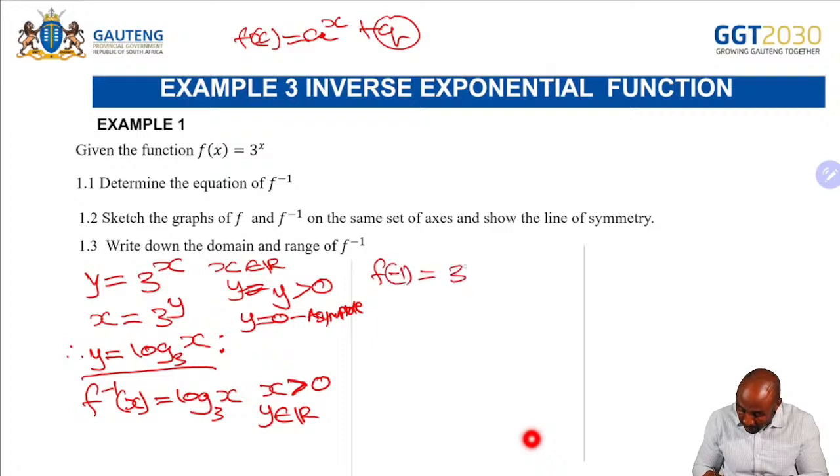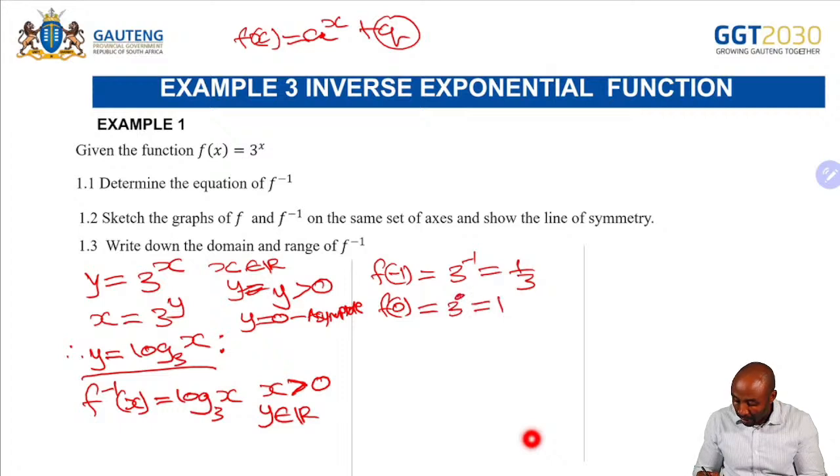It becomes 3 to the power negative 1, and this will give me 1 over 3. And f of 0, this will give me my y-intercept. It will be 3 to the power 0, giving me 1.